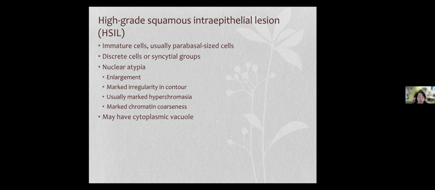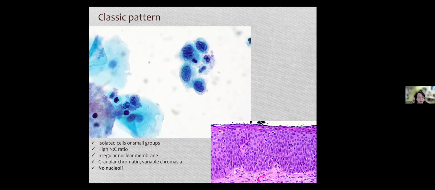It occurs in immature cells, normally parabasal-size cells, with either a single cell pattern or a hyperchromatic group pattern called syncytial groups. Normally they show nuclear enlargement, marked irregularity in the nuclear contour, very dark nuclei, and very coarse chromatin.